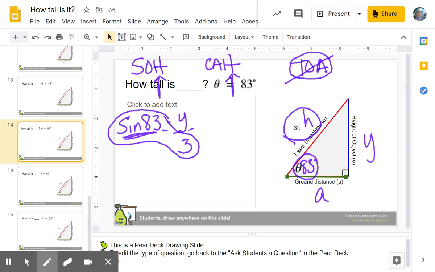So this is going to end up being y equals 3 times the sine of 83. I got 2.9. So let me see, 3 times. I just made that my O side.